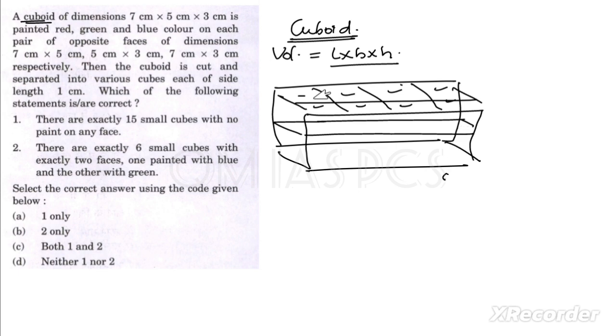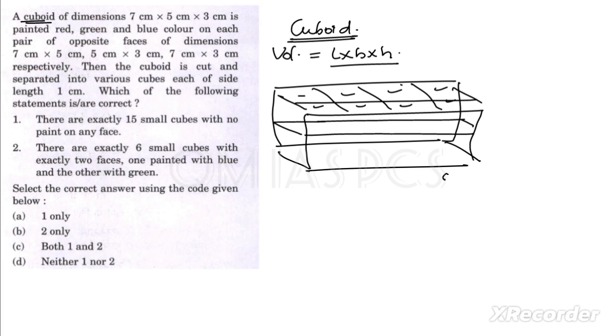So there is a bigger cuboidal box, and inside that there are some smaller cubical boxes. Like this you have to find the number of cubical boxes, or whatever they ask, based on that. Can you try this?